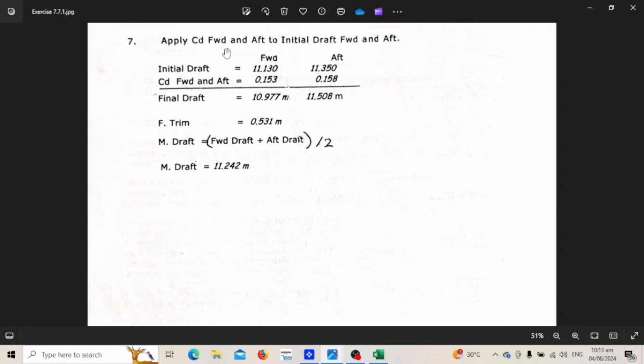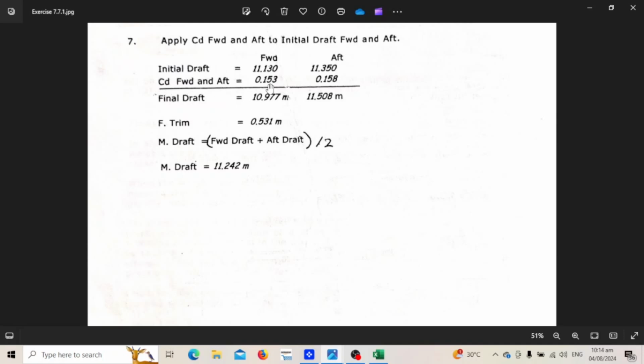Apply change of draft forward and up to initial draft forward and up. Okay, so this is your forward draft of 11.13 and up draft of 11.35. You are trimmed by the stern, okay? And you put here your change of draft forward and up.